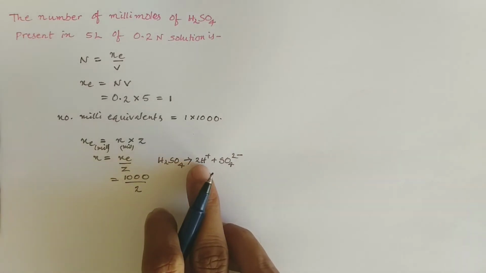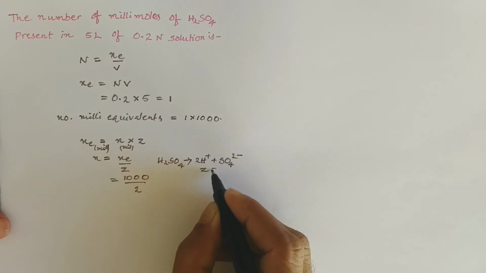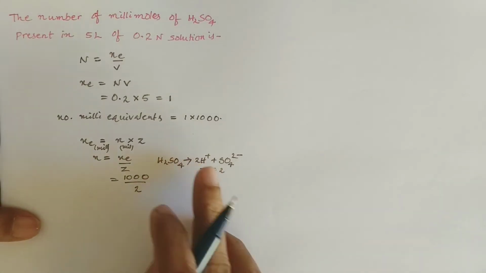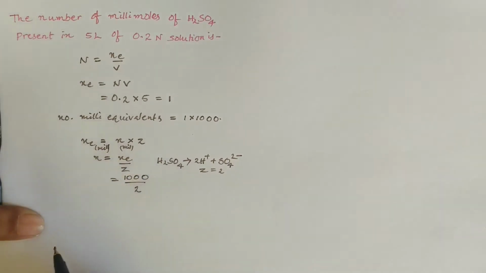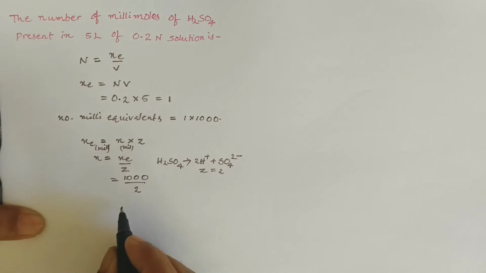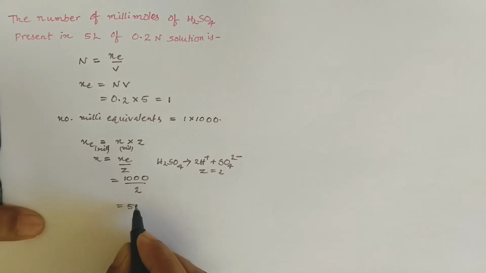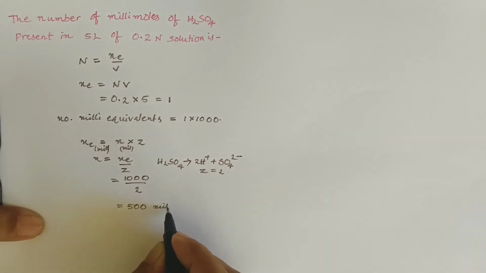So what is the basicity? Basicity is 2, or Z is equal to 2. Okay, Z is equal to 2, that is nothing but the basicity of the acid. So 1000 is the number of milliequivalents divided by basicity 2. So that is equal to 500 millimoles. 500 millimoles, that is the answer.